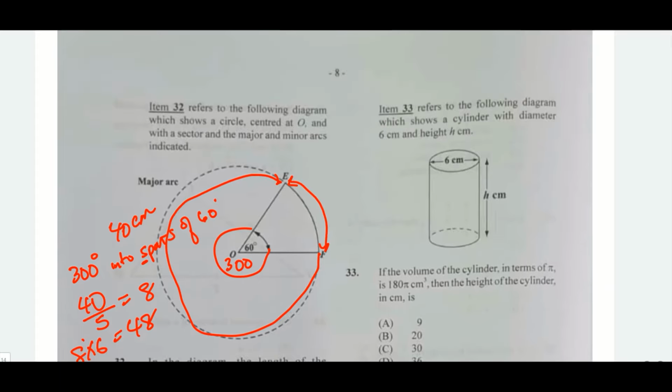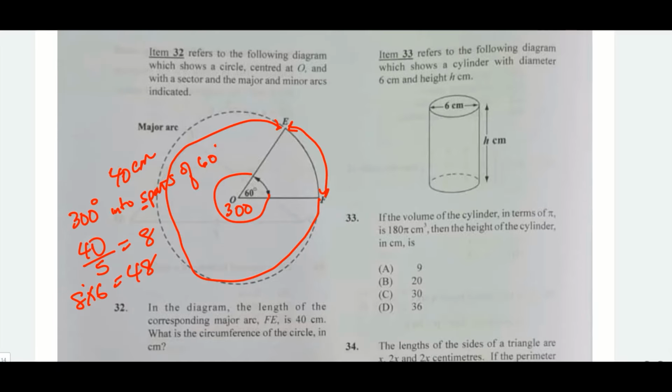Next, item 33 refers to the following diagram, which shows a cylinder with diameter 6 centimeters and height 8 centimeters. If the volume of the cylinder in terms of pi is 180 pi centimeter cube, then the height of the cylinder in centimeters is.